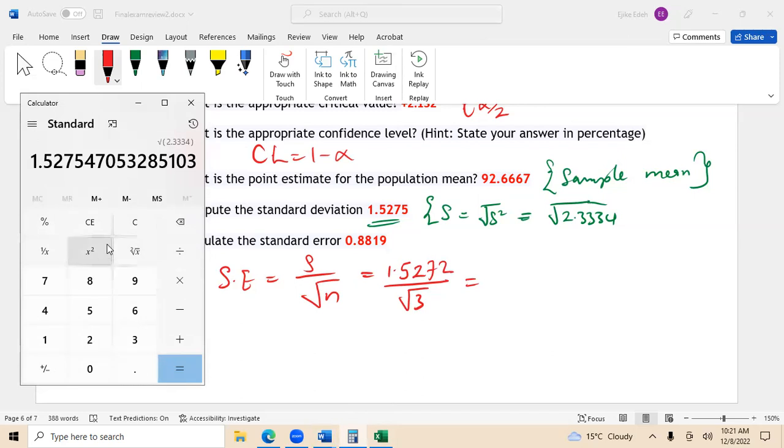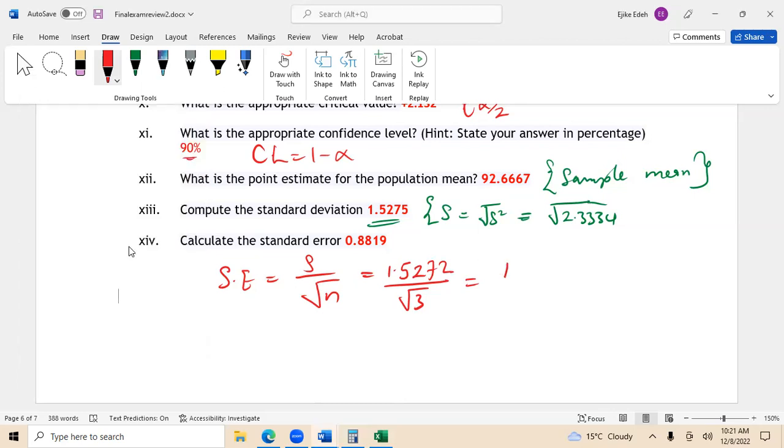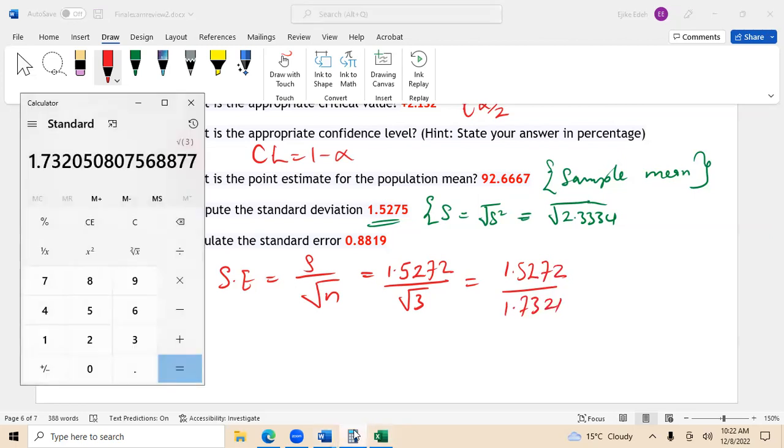So let's look at square root of 3 first. So square root of 3 is 1.7321. So I'm doing 1.5272 divided by 1.7321. Let's confirm that as well. 1.7321. Okay.